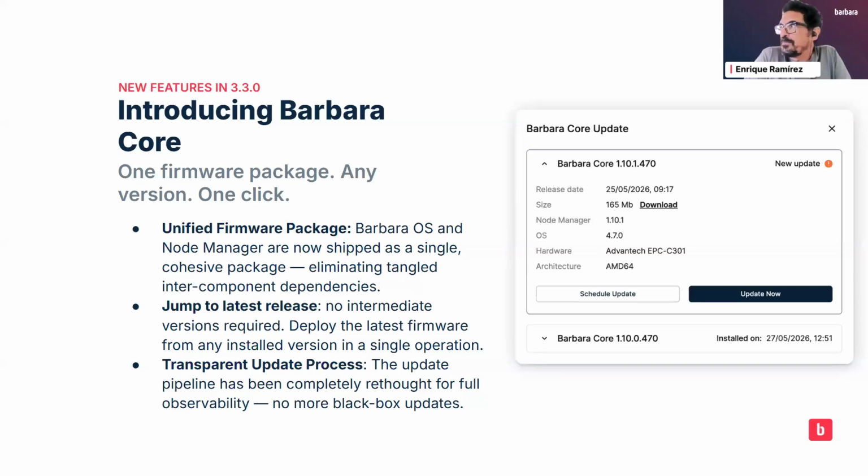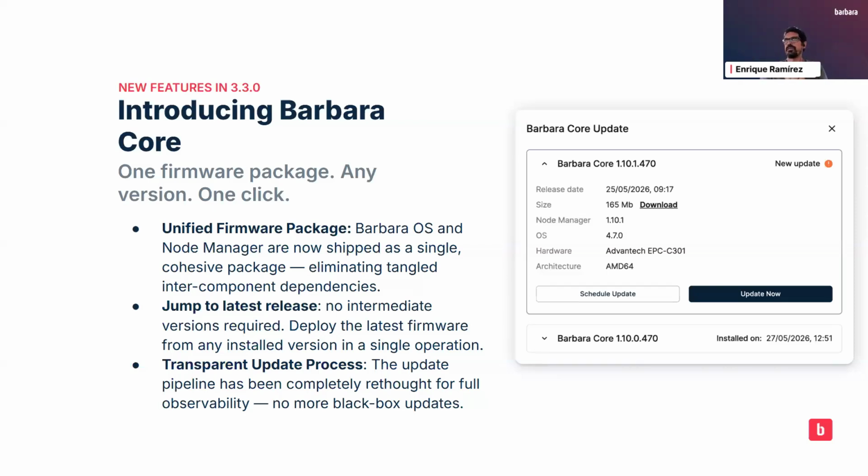Until now we had different elements when we were speaking about updating a device. We had the OS and then we had the node manager or the agent. They were different pieces. You have the OS, which is based on Linux, and then we have the agent or node manager, which was an application running on top of this OS that was communicating with Panel and applying every command received.